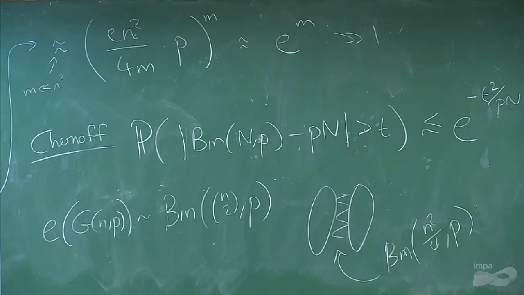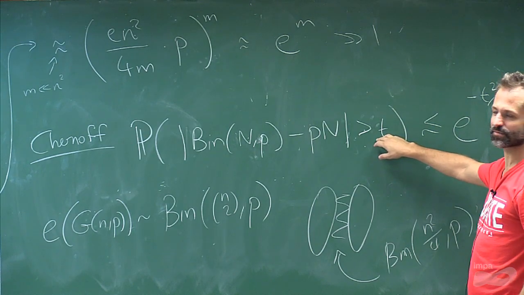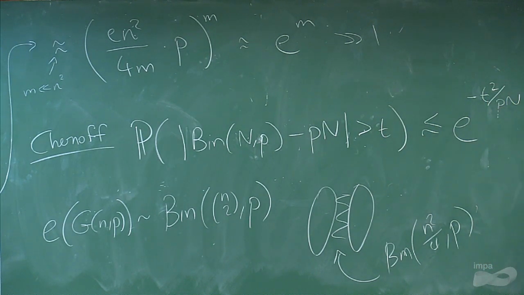That's what Chernoff gives you. Right, because your deviation, your t, is like delta times pn squared, little n squared. So that leads to something like this. And this is much, much smaller than 2 to the minus n.